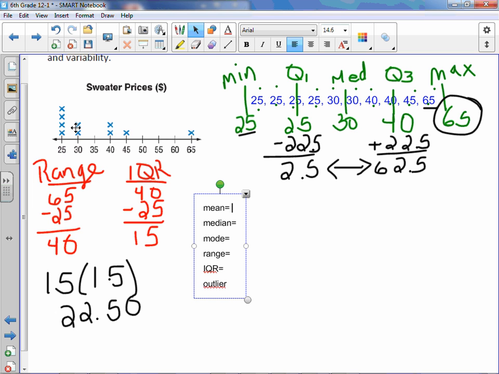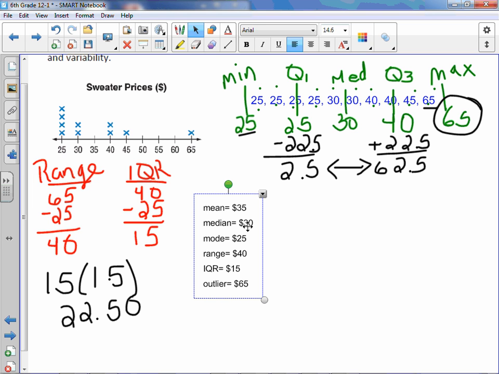There are 4, 5, 6, 7, 8, 9, 10 amounts. So when we add them all up, we get 350 divided by 10 gives us a mean price of $35. The median we figured out to be $30. The mode, the one that occurs most often, is $25. The range is 40. The interquartile range is 15. And we found that our outlier is $65.